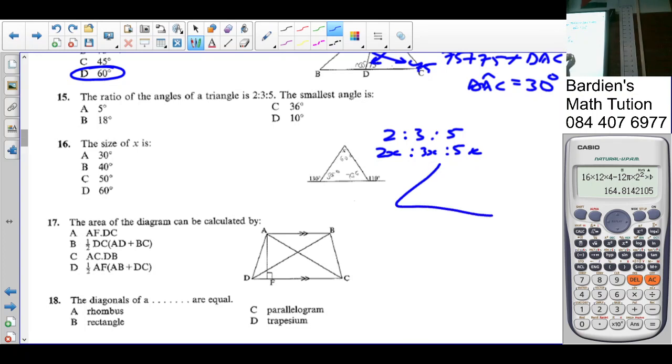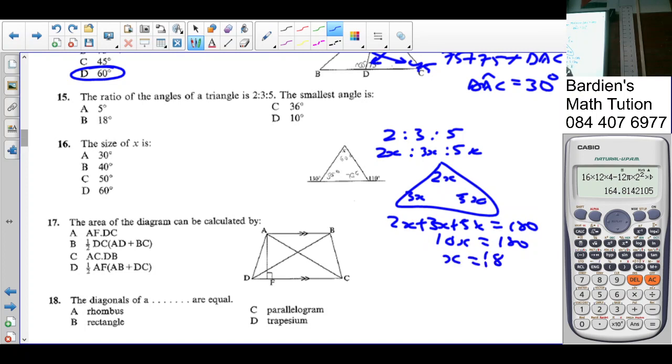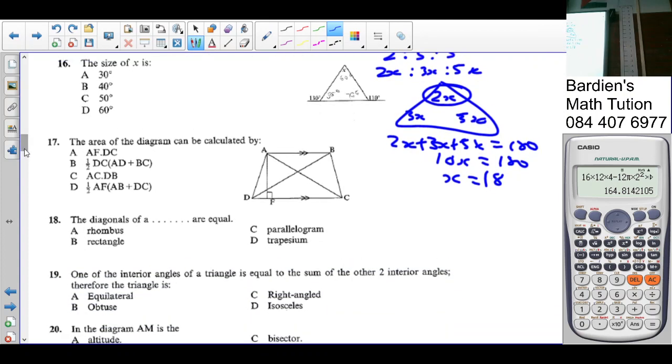So if you got 2x, 3x and 5x, it will be 2x plus 3x plus 5x equals 180. That's going to give us 10x equals 180. So x is equal to 18. The smallest angle is 2 times 18, which is 36. Makes the answer C.